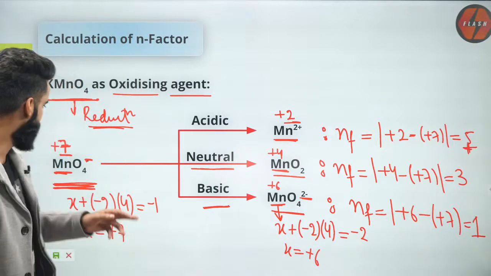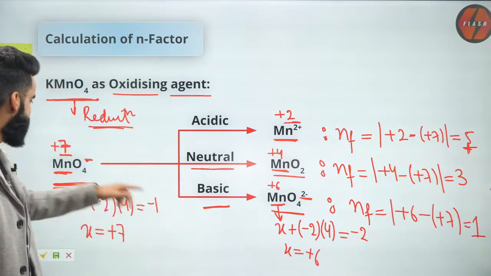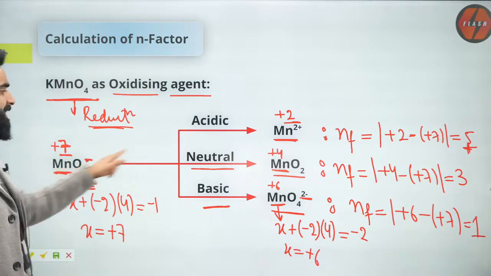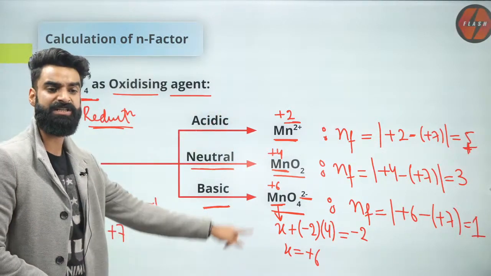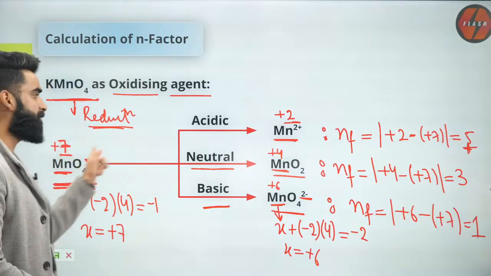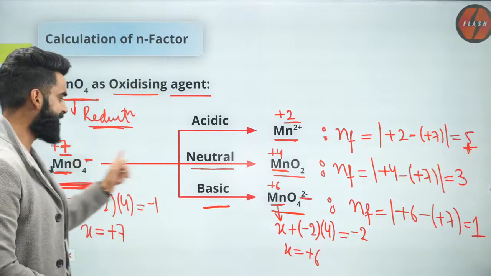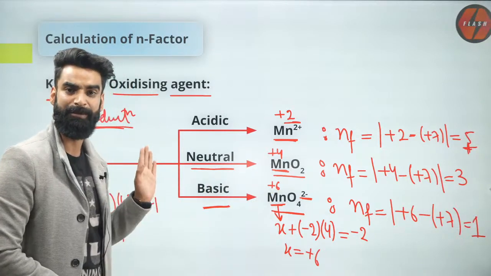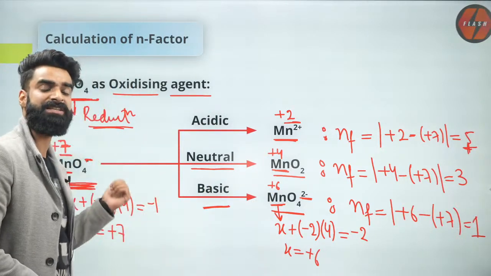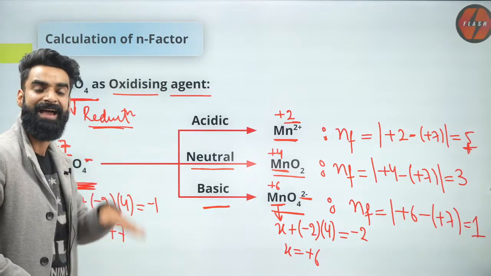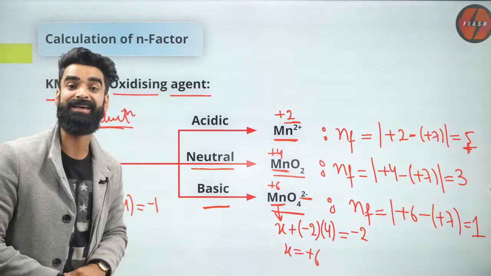You can have a look also. In every case, the oxidation state of Mn is decreasing. First, from +7 to +2 in acidic medium, +7 to +4 in neutral medium, +7 to +6 in basic medium. That means in every case, the oxidation state of manganese over here is decreasing, and a decrease in the oxidation state is what we call reduction.